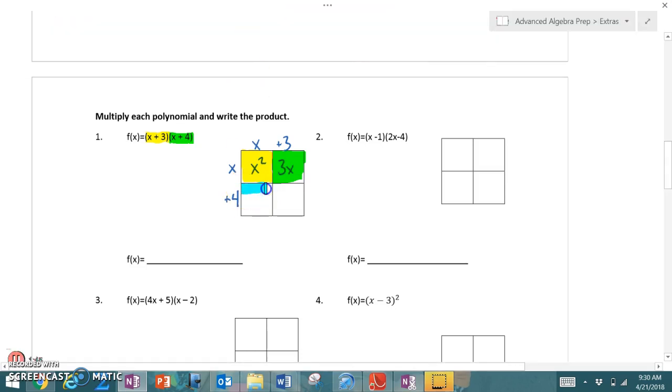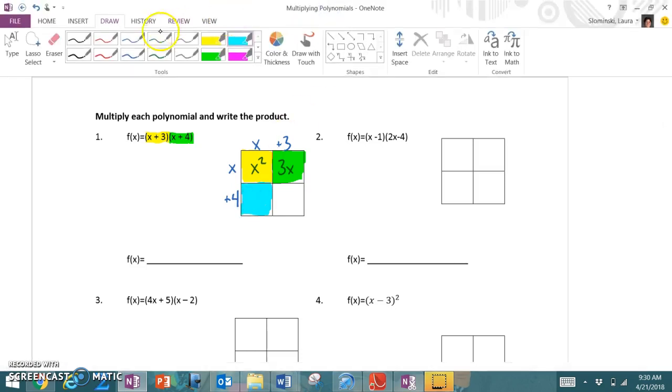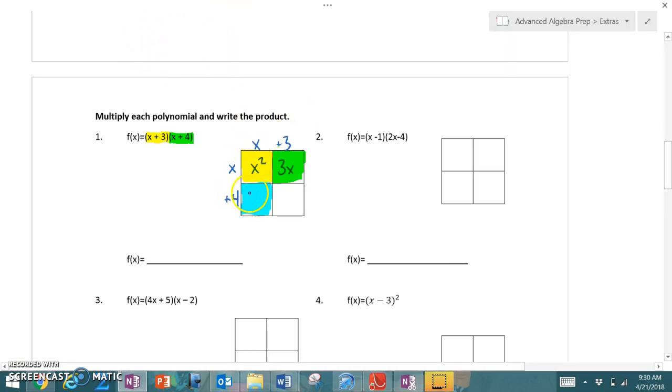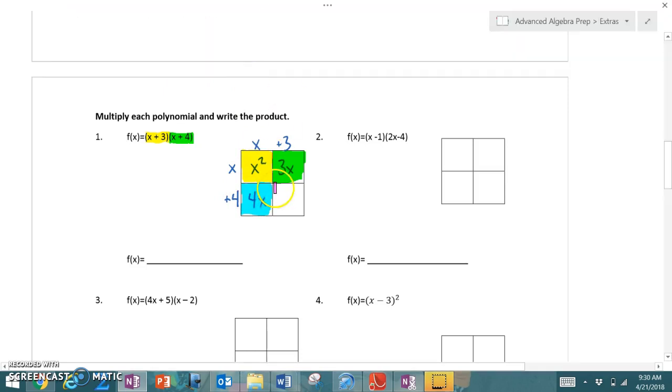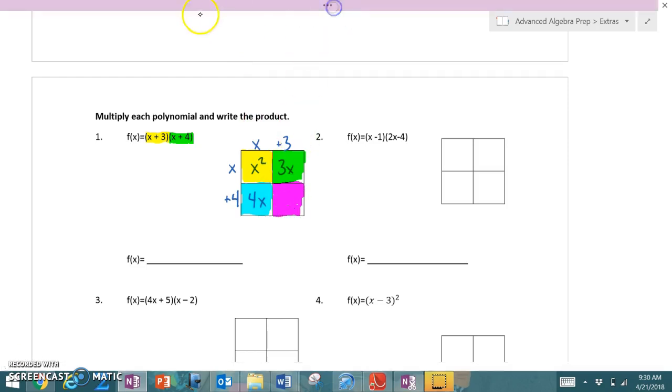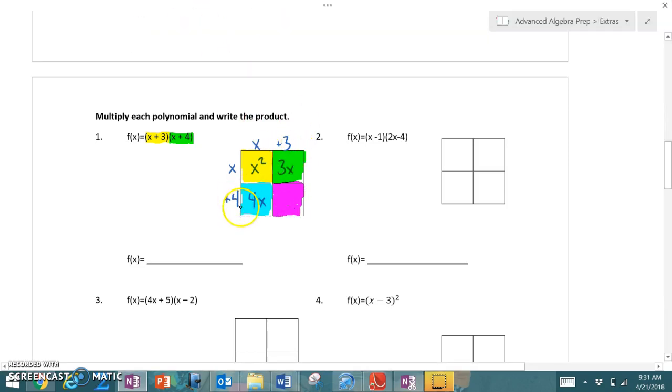Then we're going to go to the lower left corner. We're going to find just the area of this blue box. And I have x times 4, so that's 4x. And last but not least, I'm going to find the area of the lower right-hand corner, or this purple box, which would be 3 times 4, which is 12.